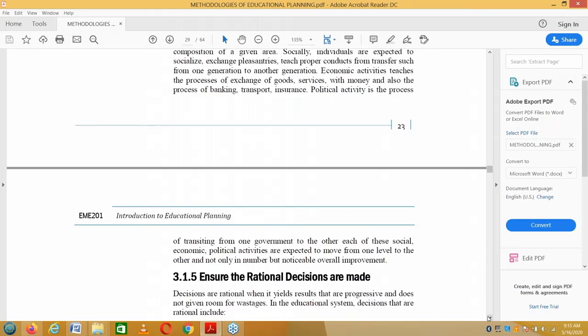So let's look at the objective of ensuring that rational decisions are made. This is one of the objectives of educational planning.